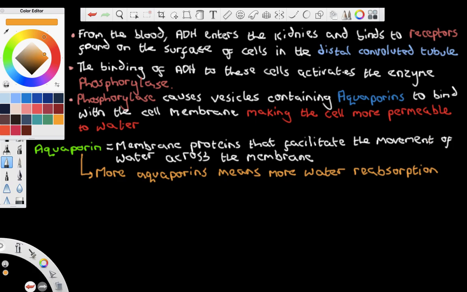At the same time, ADH also makes the collecting duct more permeable to urea, meaning that urea is taken away more quickly. Okay?